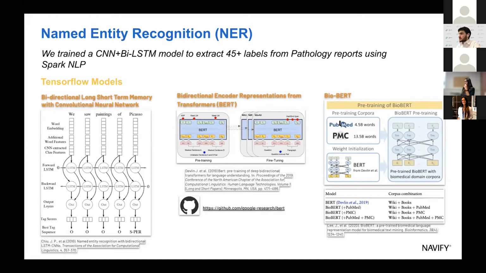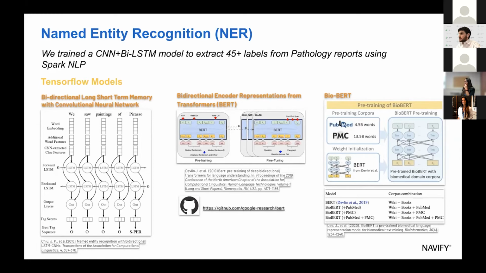That's a novel neural network architecture that automatically detects word and character level features using a hybrid bidirectional LSTM and CNN architecture, eliminating the need for most feature engineering. And it was published in 2015 by Jason Chiu.